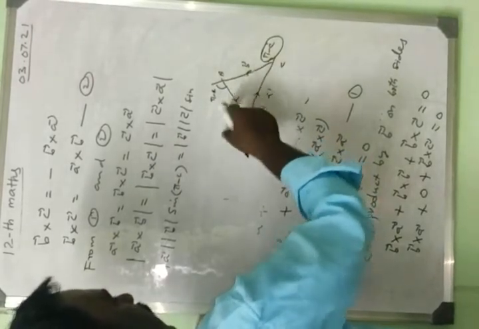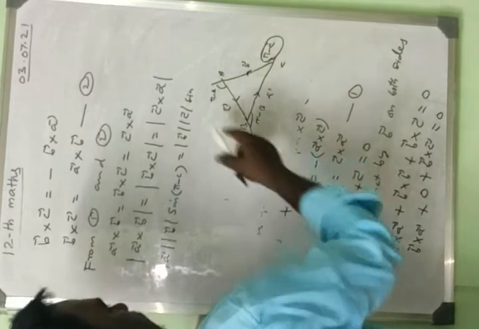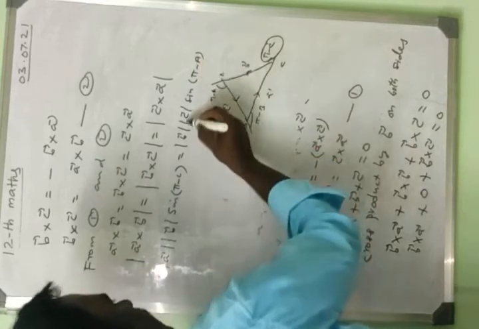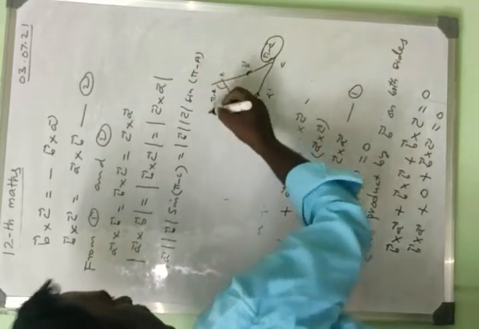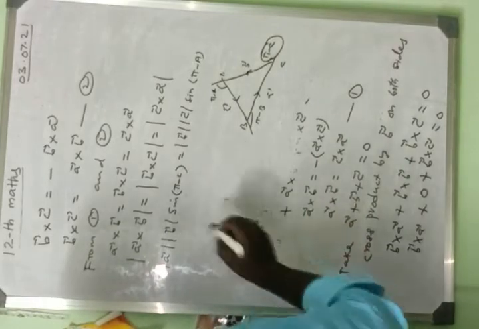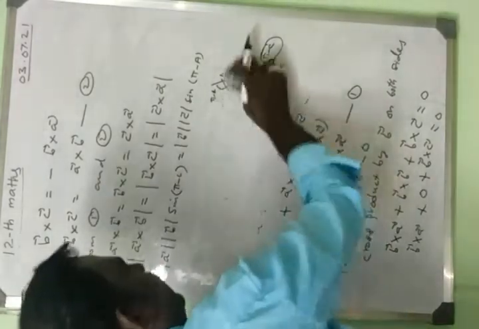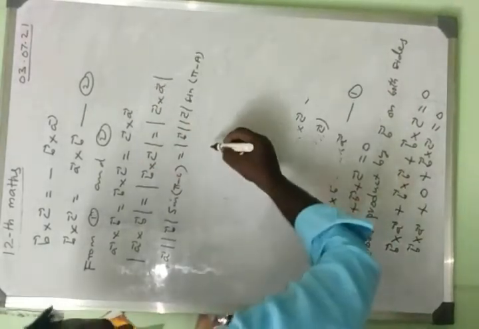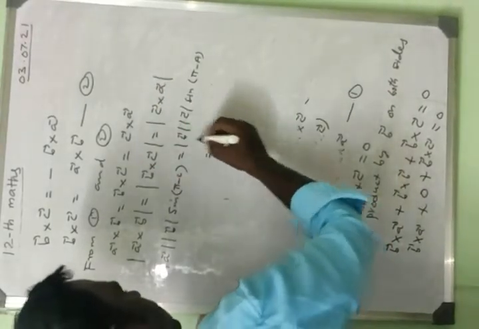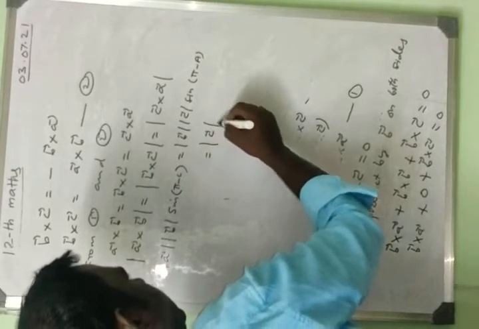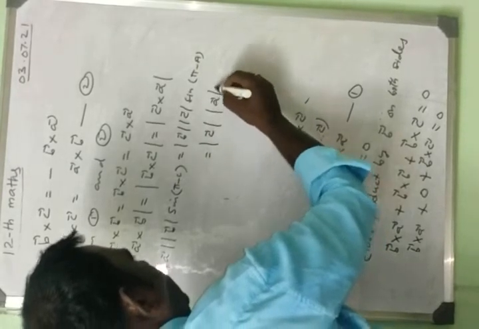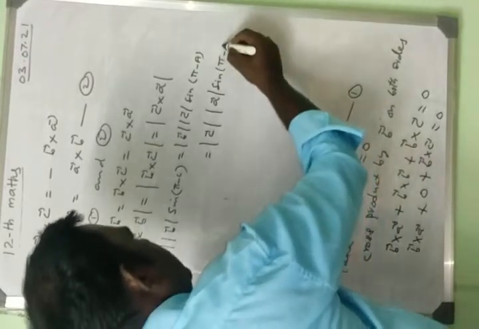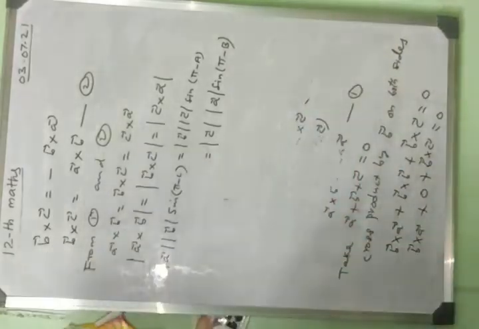What is the outer angle of these two vectors? π minus A. So we put π minus A. BC means we put A. BA means we put C. Different angles only we take. So the next step is equal to mod vector C, mod vector A, sin of π minus B, so we put B. That's all.